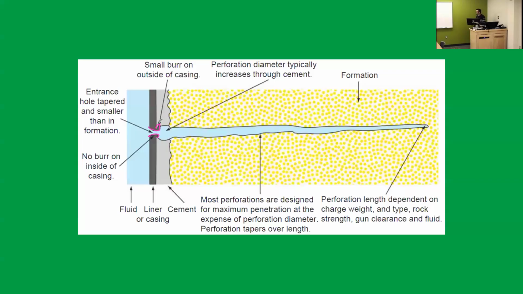It creates this little lip of the casing around the hole. It's called a burr, a small burr. It's basically the lip that is created.